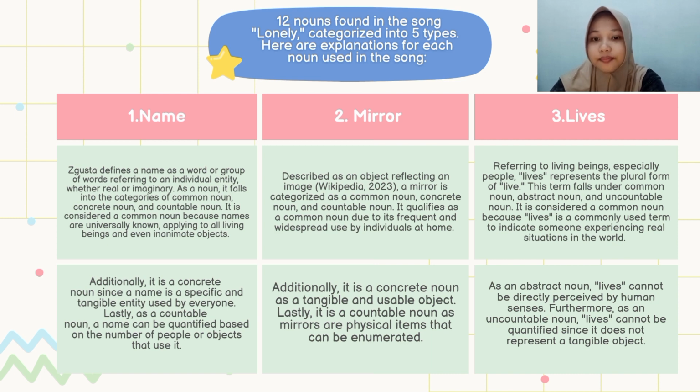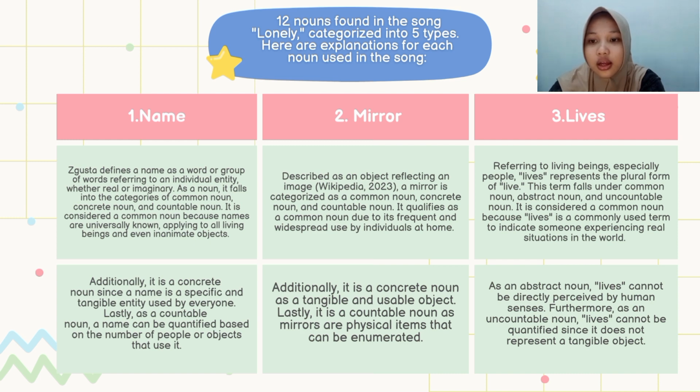The first is name. Jusma defines a name as a word or group of words referring to an individual entity, whether real or imaginary. As a noun, it falls into the categories of common noun, concrete noun, and countable noun. It is considered a common noun because names are universally known, applying to all living beings and even inanimate objects.